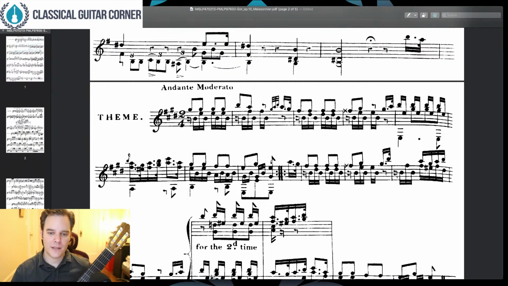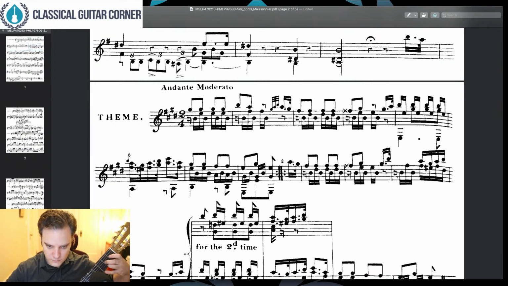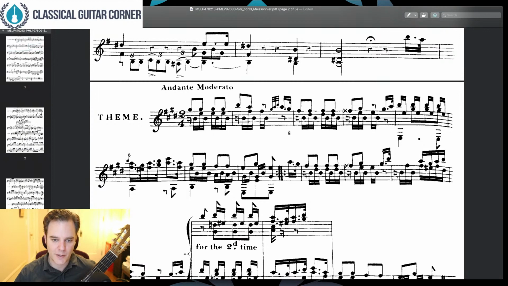Now, let's see if I can make a couple of musical choices, and I'll try and explain why. Okay, and again, I've played this in the past, but I'm just hacking my way through it.